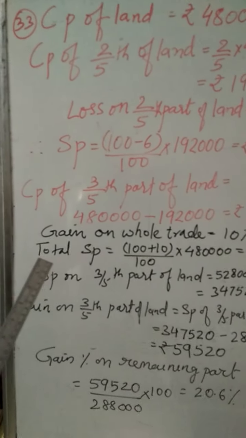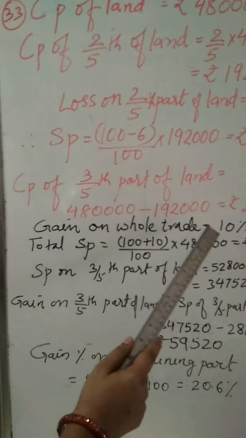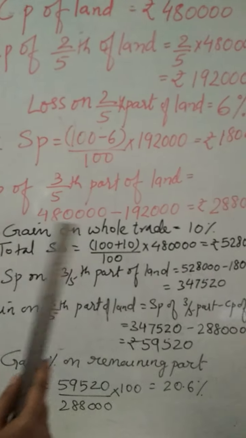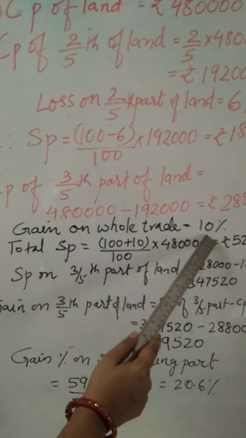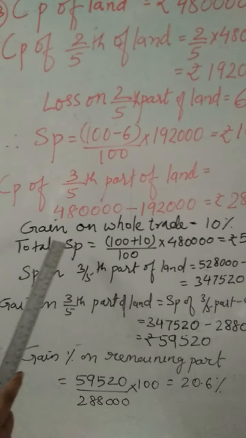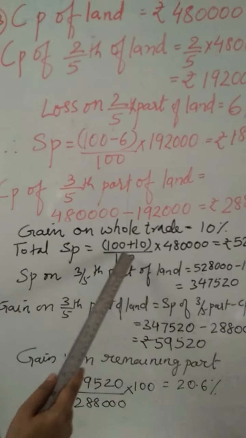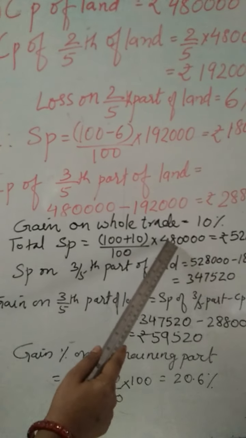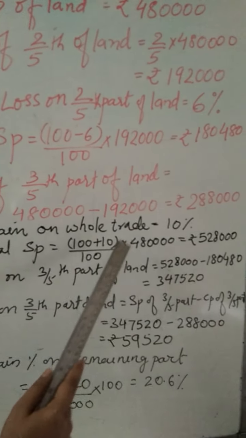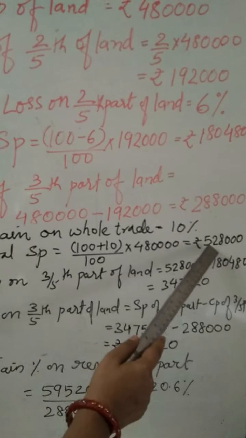Now in the whole transaction we need 10% gain on the whole. So we will be calculating total SP by using the formula 100 plus gain percent by 100 into CP. So here is the formula and we have inserted the values to get total SP.